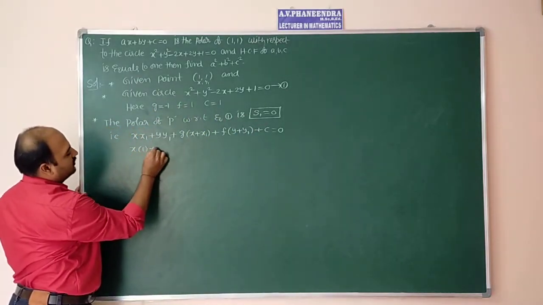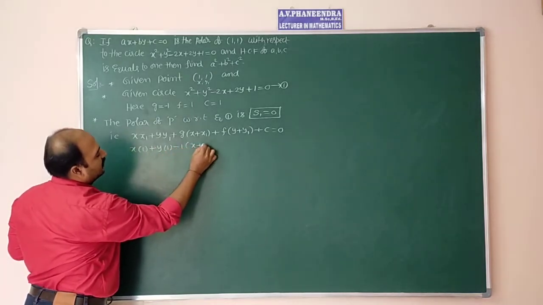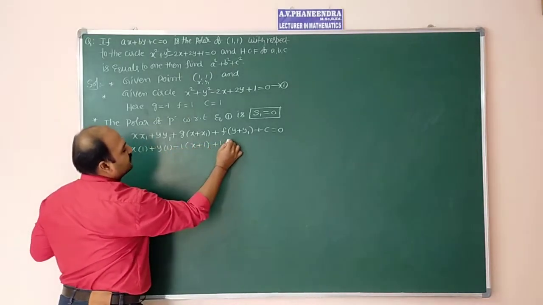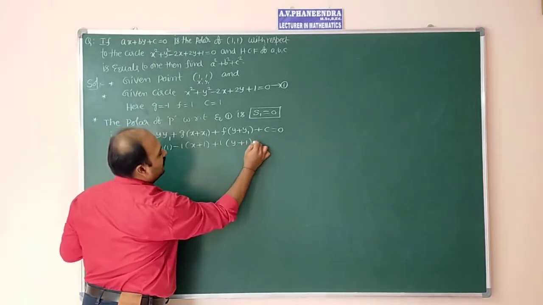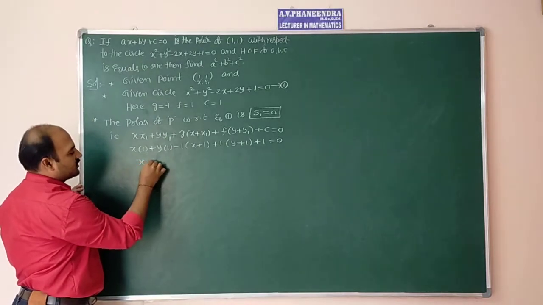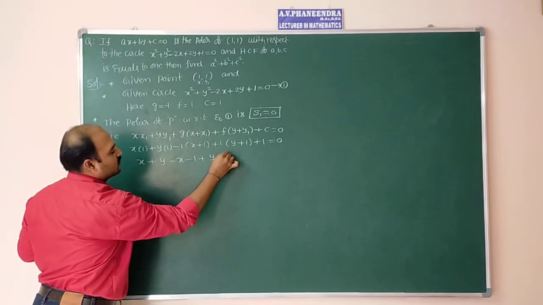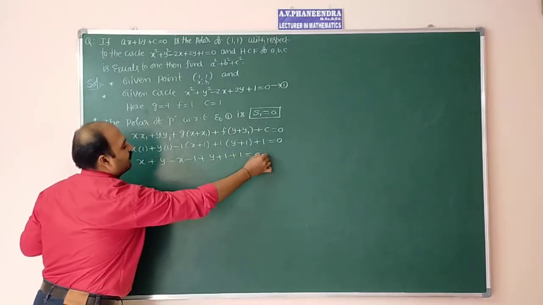x into 1 plus y into 1 minus 1 into (x plus 1) plus 1 into (y plus 1), c value is also 1, equal to 0. Now x plus y minus x minus 1 plus y plus 1 plus 1 equal to 0.